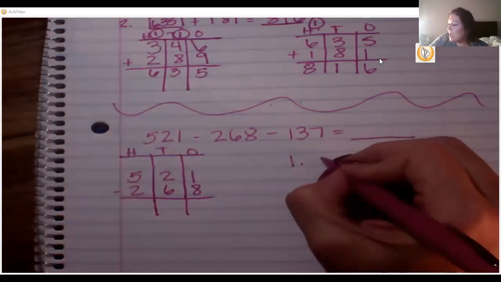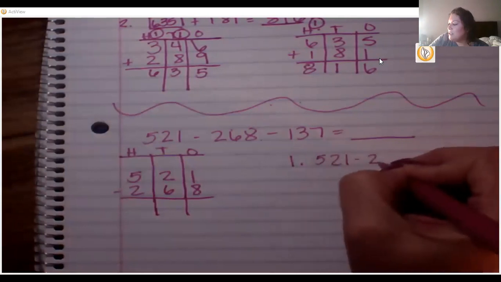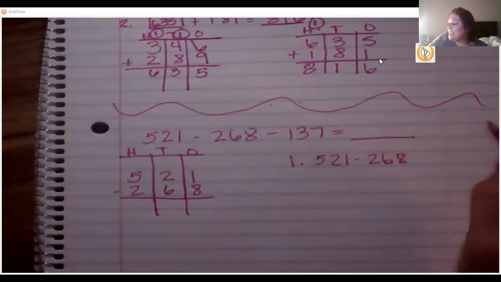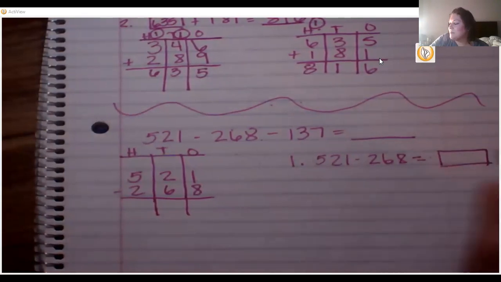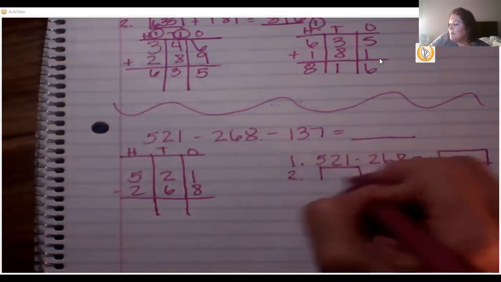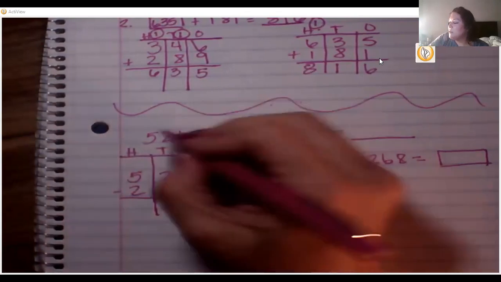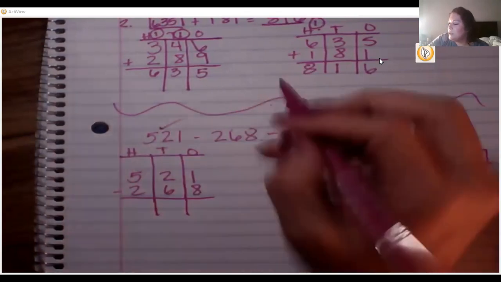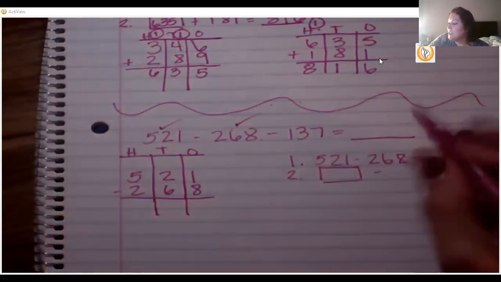So first, I'm going to take 521 and take away 268. That's going to give me some kind of answer. I'm going to take that answer and I'm going to finish the problem. Let's see, I use that number. I use 268. The only thing left is minus 137.